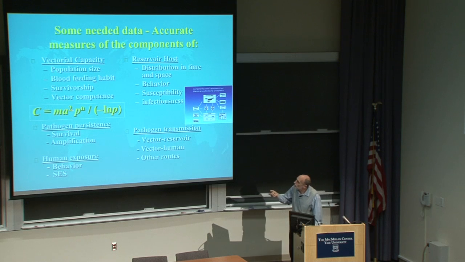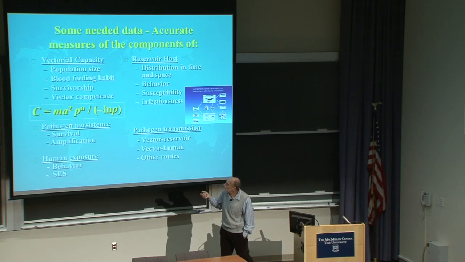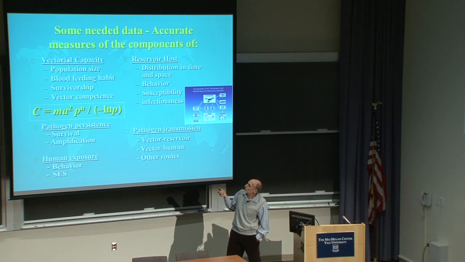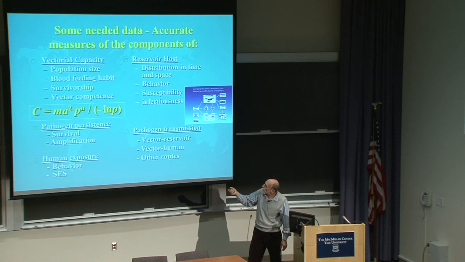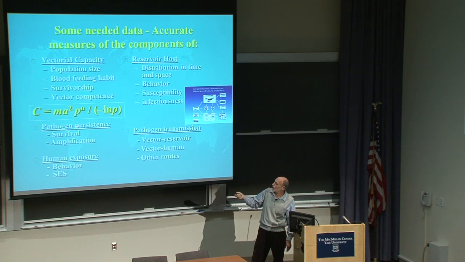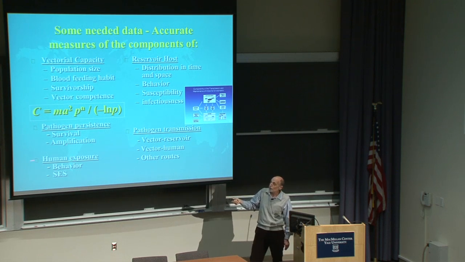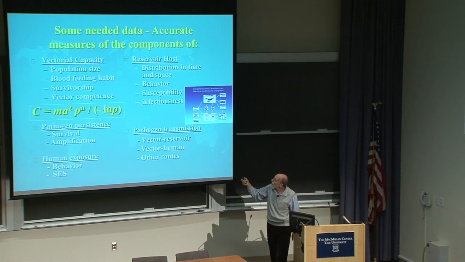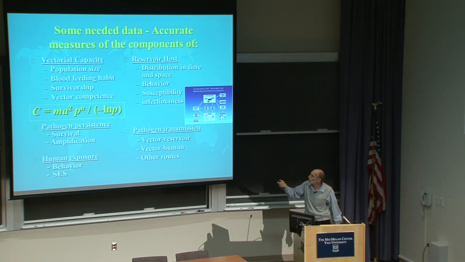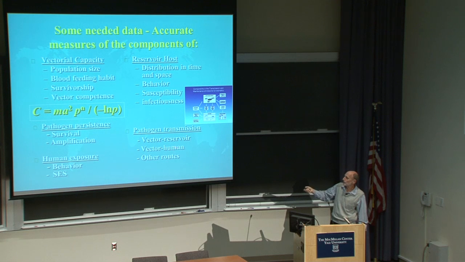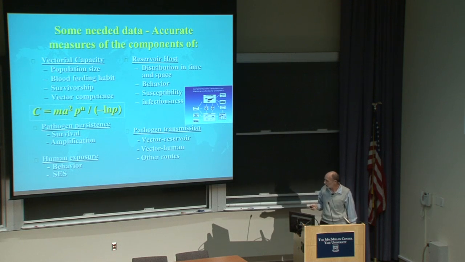Do we really understand how different components of climate and weather will impact the different terms of the vectorial capacity: population size, blood feeding habits, survivorship, vector competence, and then for the pathogens, how they'll survive and amplify, human socioeconomic factors, reservoir hosts. We actually don't really have an equivalent equation to the vectorial capacity for the reservoir capacity. There are some, but we are not there yet. And of course, the actual transmission between the vector and reservoirs and the spillover to humans.